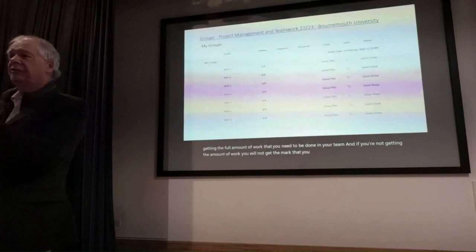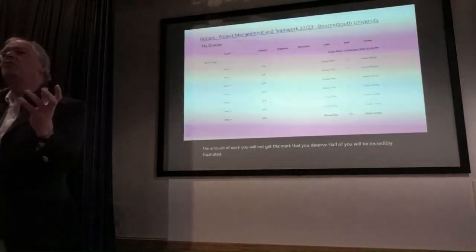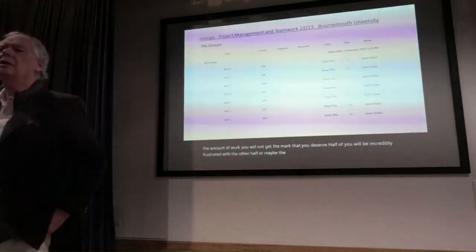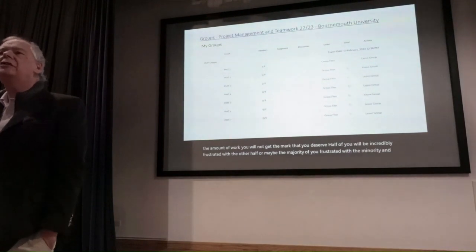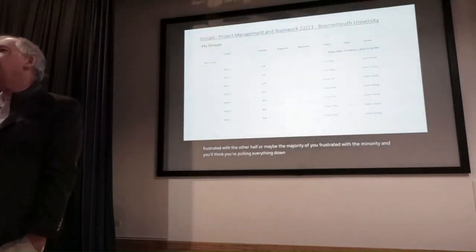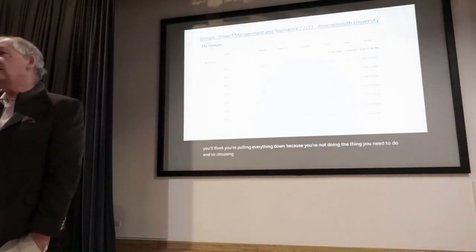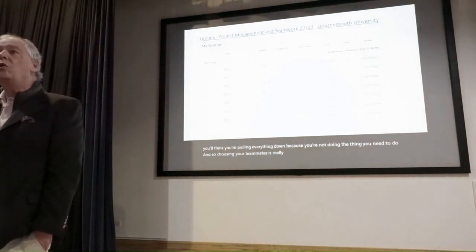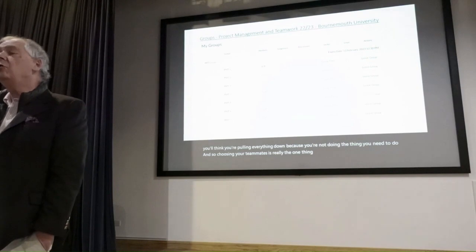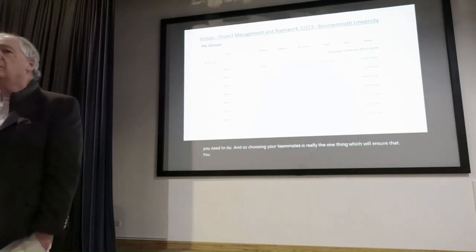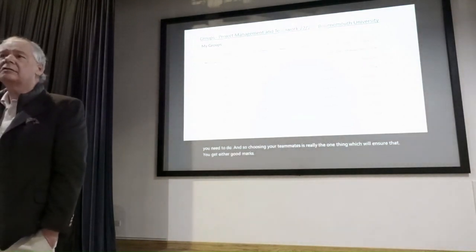Half of you will be incredibly frustrated with the other half, or maybe the majority will be frustrated with the minority. And you'll think you're pulling everything down because you're not doing the thing you need to do. And so choosing your teammates is really the one thing which will ensure that you get either good marks or abysmal marks.